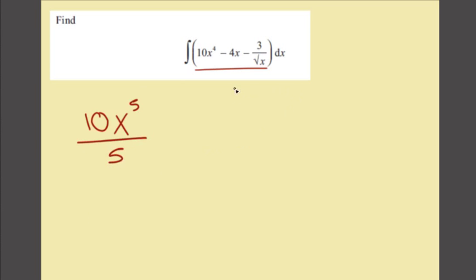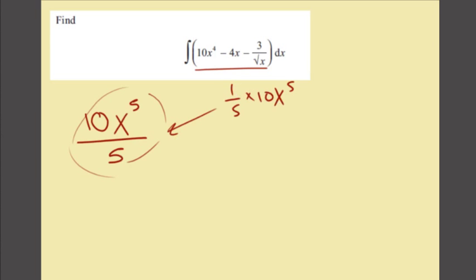And just to let you know, this is the same thing as doing 1 over 5 multiplied by 10x to the power of 5. It's exactly the same thing, just looks different. This way you just take a shortcut rather than having to multiply them again, because 1 multiplied by a number is always going to be that number.